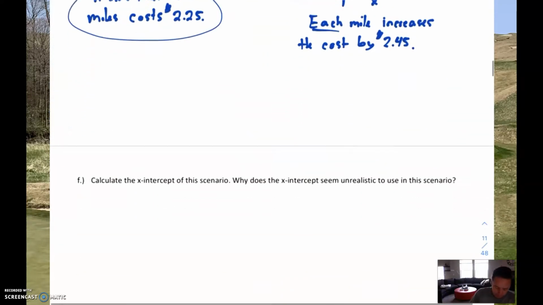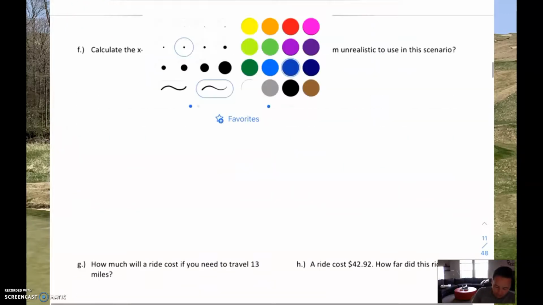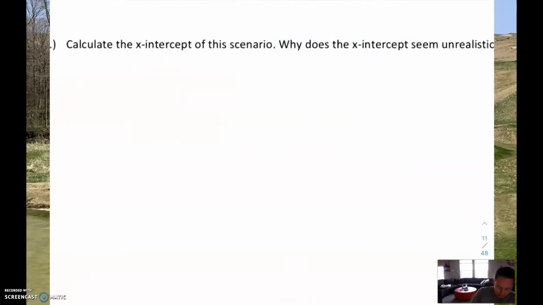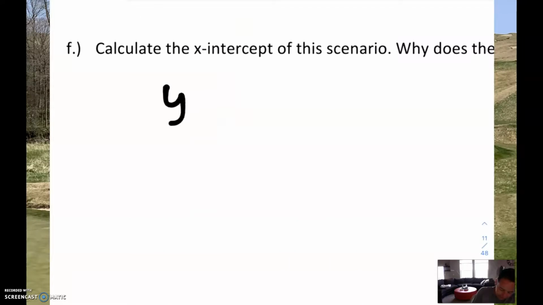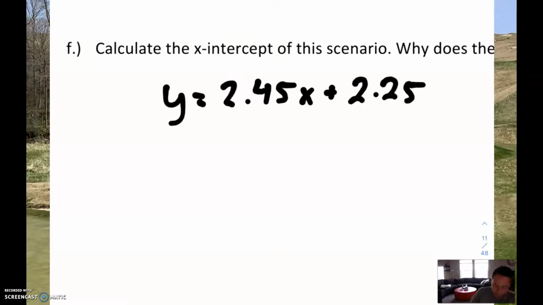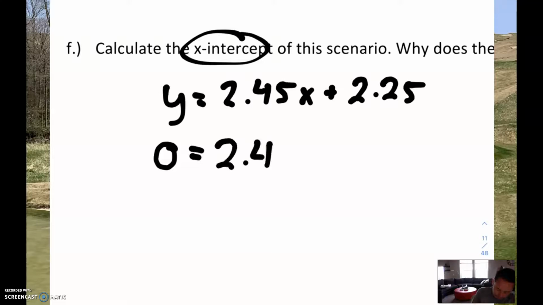Let's move down to the x-intercept. Hopefully you know the drill by now. To find an x-intercept, we start with the equation y equals 2.45x plus 2.25. All we have to do is change this y to a 0, and then solve for x.